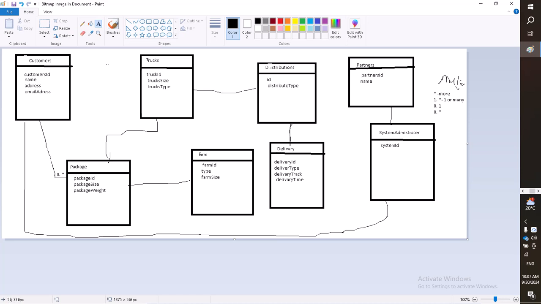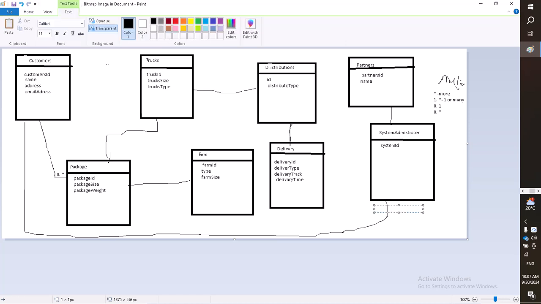How can the customer interact with the system administrator? The customer can interact with the system administrator either none or many times. It's optional, many times.